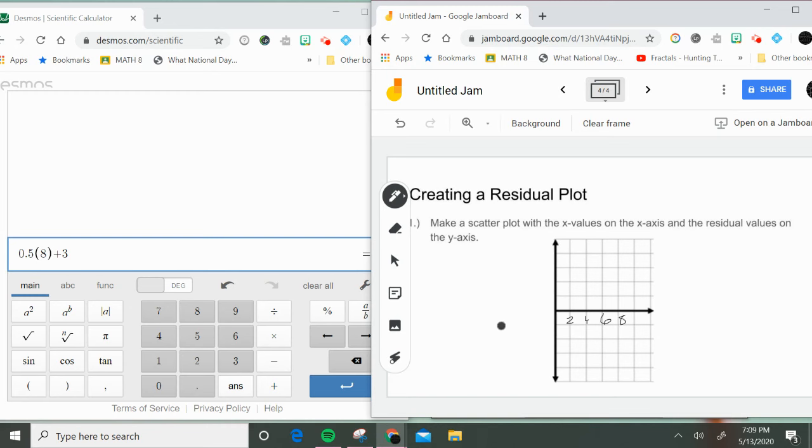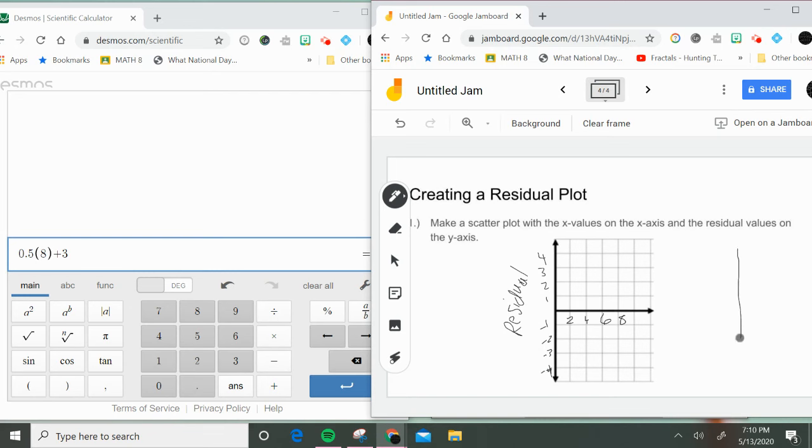And then on this axis are going to be my residual values. My highest residual was 4, so I'm going to go up by 1s: 1, 2, 3, 4, and -1, -2, -3, and -4.